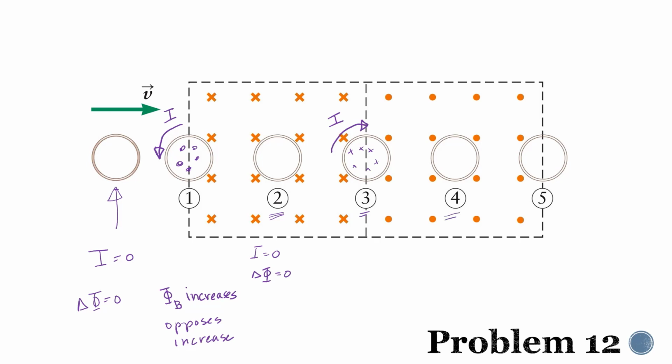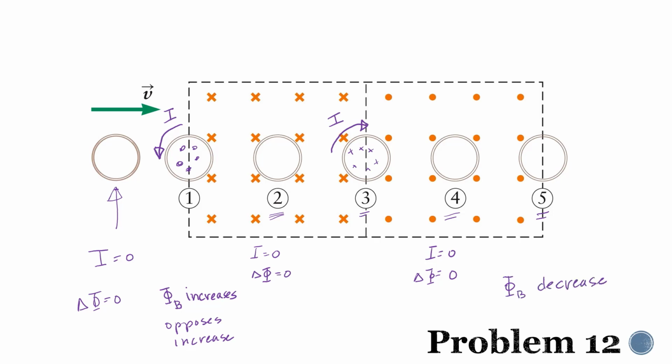Just like in position 4, there is no current, because no matter where I move it around in there, the change in flux is equal to 0. As it exits here at position 5, I go from upwardly directed field to no field, and so the flux is actually decreasing.